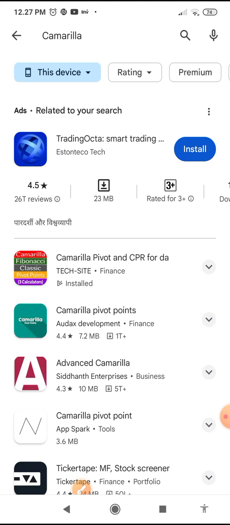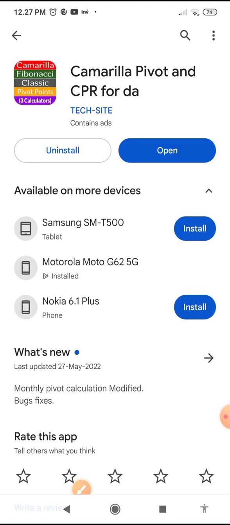So when you tap on this, what you will get is the detail about that. Now you have to download that in your mobile. I have already downloaded it. Then you will be able to get the Camarilla pivot levels. Okay, you can also get CPR levels in that app.